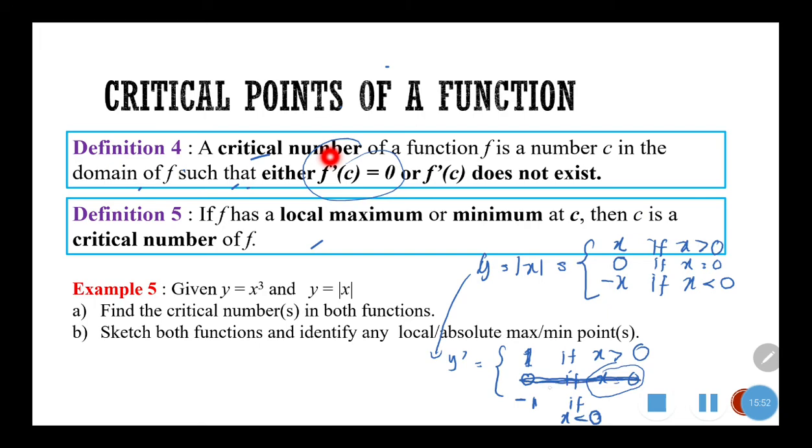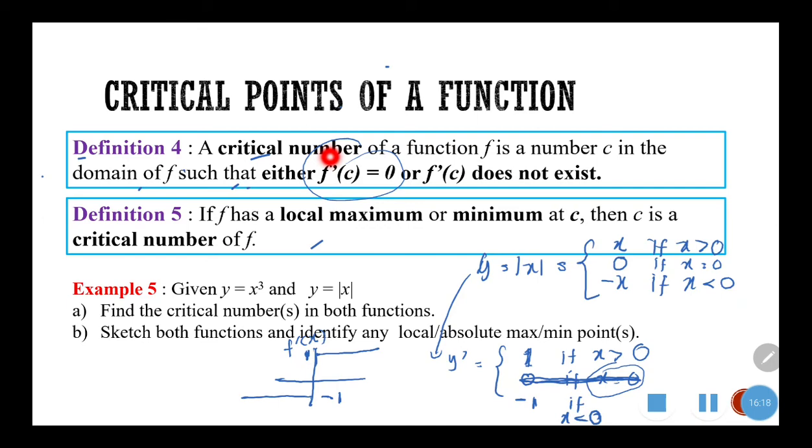If you remember in chapter 3 part 1, okay, ingat tak kita dah discuss f prime x, where when x more than 0, f prime x is equals to 1, less than 0 is equals to negative 1.